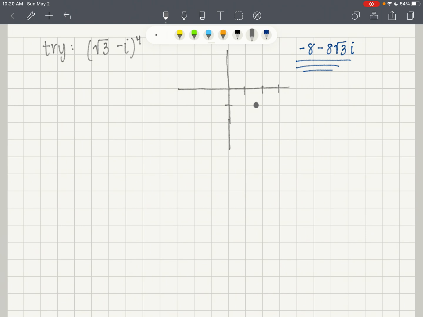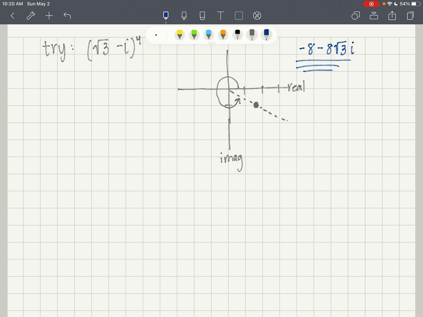Most definitely that point is closer to the real axis versus the imaginary axis. If I just had to take a wild guess what this angle is, with that square root of 3 being there, I'm thinking that I've got a pi over 6 angle.